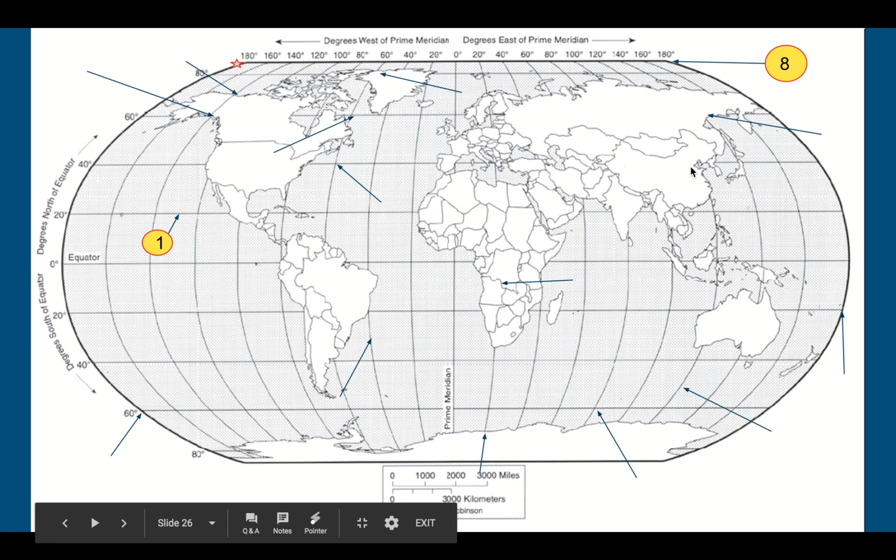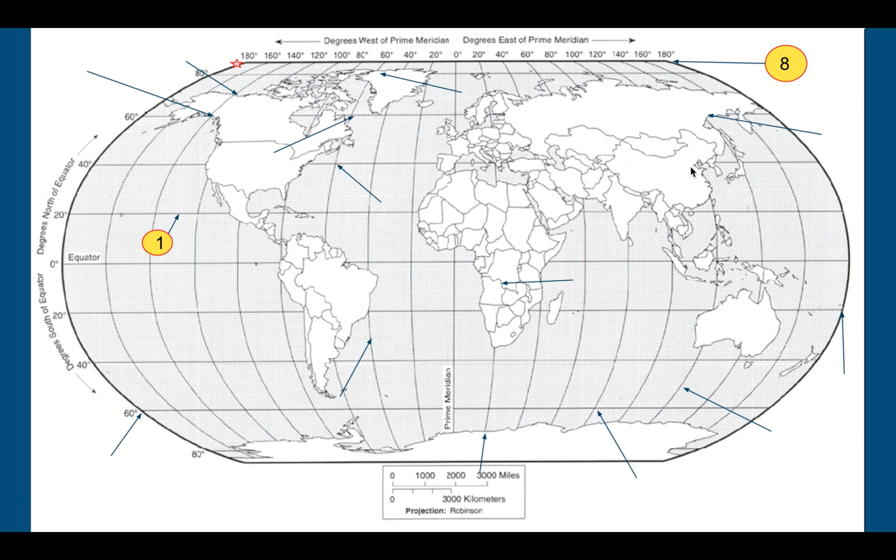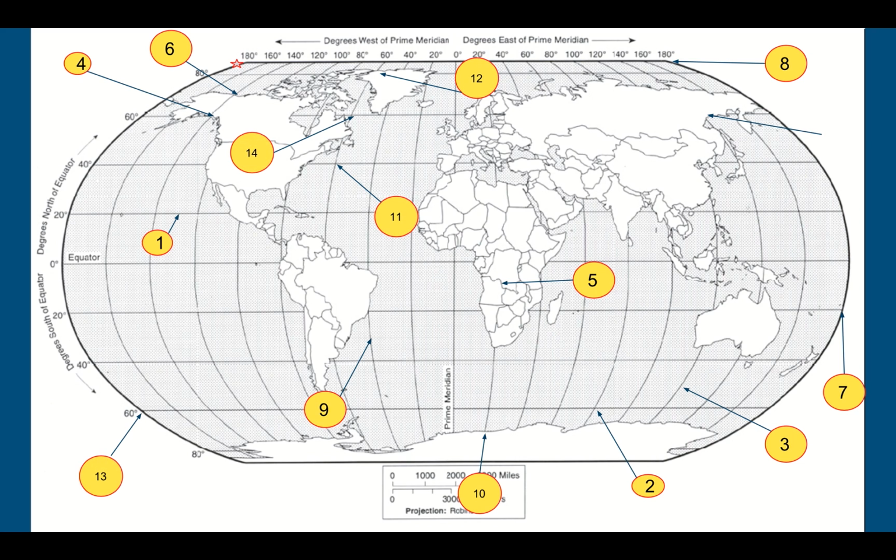Okay, everyone. So what we are going to do next is, if you notice at the last part of your notes, there's two boxes. The first box on the left is number 1 through 15, and the box on the right is number 1 through 10. From there, we are going to calculate absolute locations of different points on the map. You will see 15 points, and there is a yellow circle with a number in the middle of that circle.